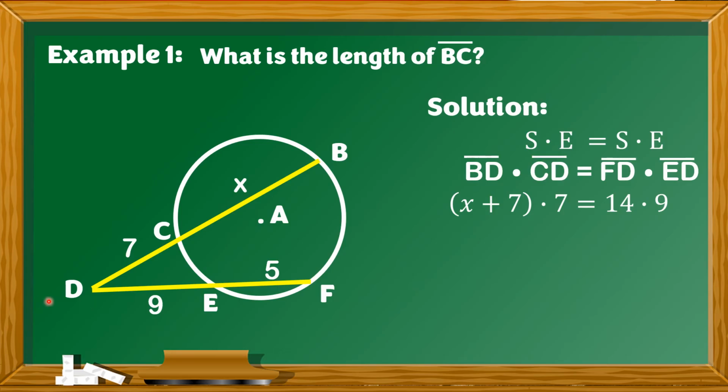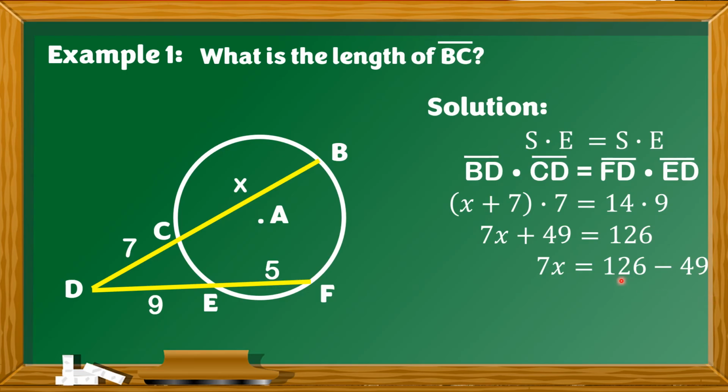Next we're going to simplify the equation. So we have 7 times X equals 7X. 7 times 7 equals 49. That is equal to 14 times 9 equals 126. Next step, we're going to use the addition property of equality. We're going to add negative 49 to both sides of the equation, and we have 7x is equal to 126 minus 49.